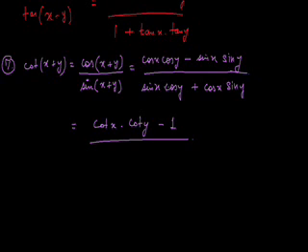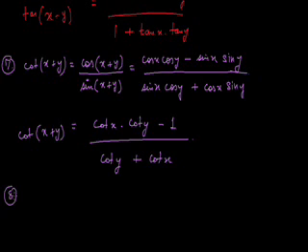If we divide this term by sin x sin y, sin x will get cancelled out and you will get cos y upon sin y, which will be cot y. And over here, if you divide this term by sin x sin y, sin y gets cancelled out and you get cos x upon sin x, which is cot x. So this is the formula for cot of x plus y.